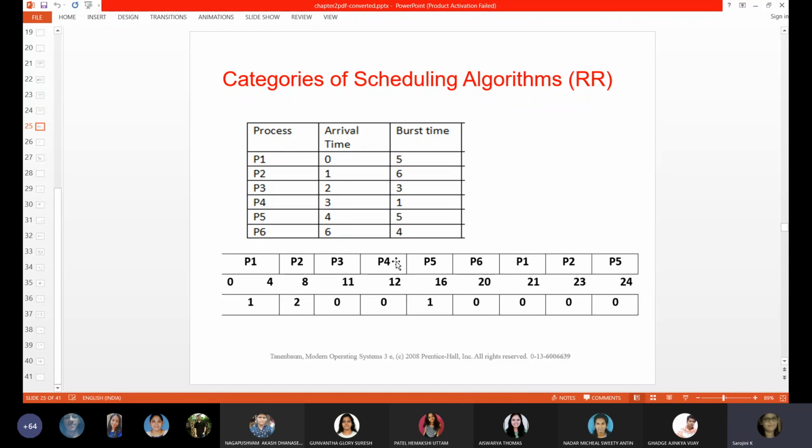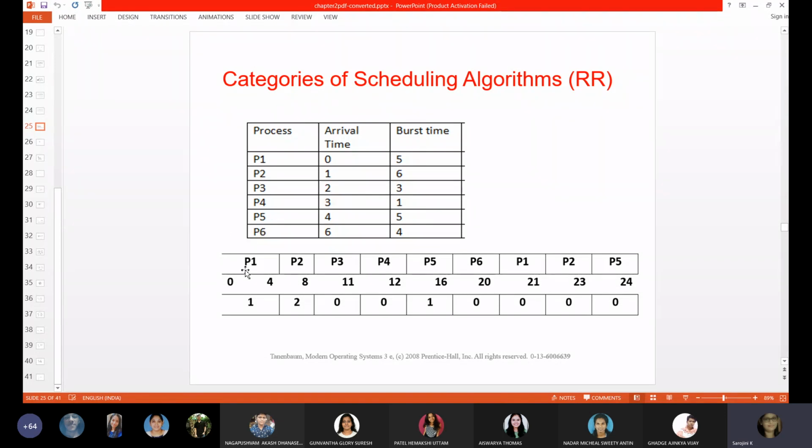All other processes that have more than the quantum time will be allowed to use the CPU only for the quantum time period, and after that, they will be evicted. As per this example, it is 4 milliseconds.